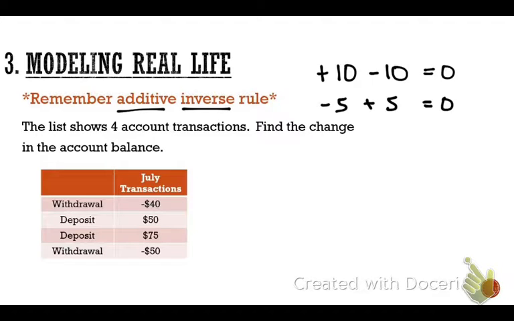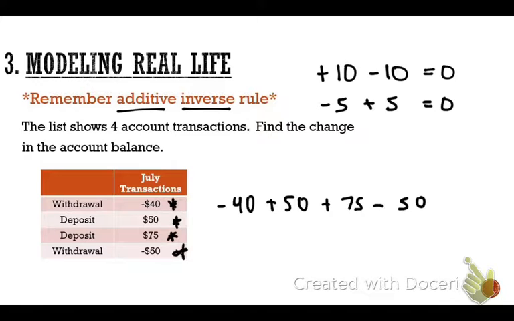Let's look at this. This list shows 4 account transactions for someone's bank account. Find the change in the account balance. So what I could do, I don't want you to write this down, but what I could do is -$40 for this first one, add $50 for the second one, add $75 for the third one, and minus $50 for that fourth one. But there's something easier that I can do.